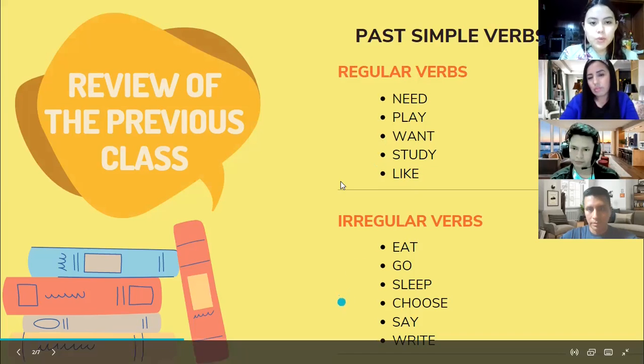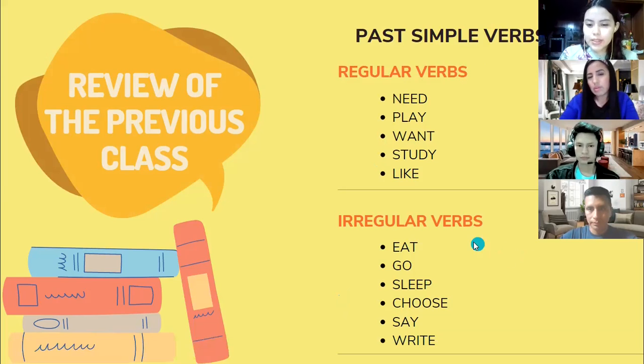Now let's continue with the irregular verbs. So what is the main characteristic for these verbs? Let's see, William. The main characteristic for these verbs is that we have to change the structure of the verb totally or partially.